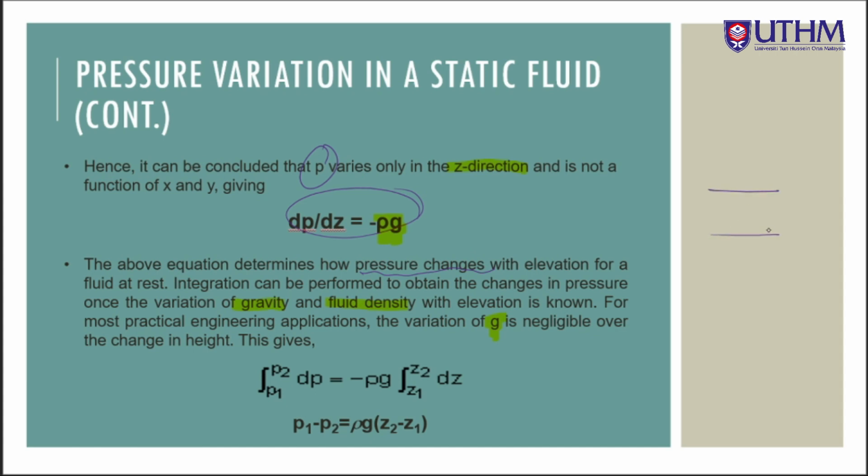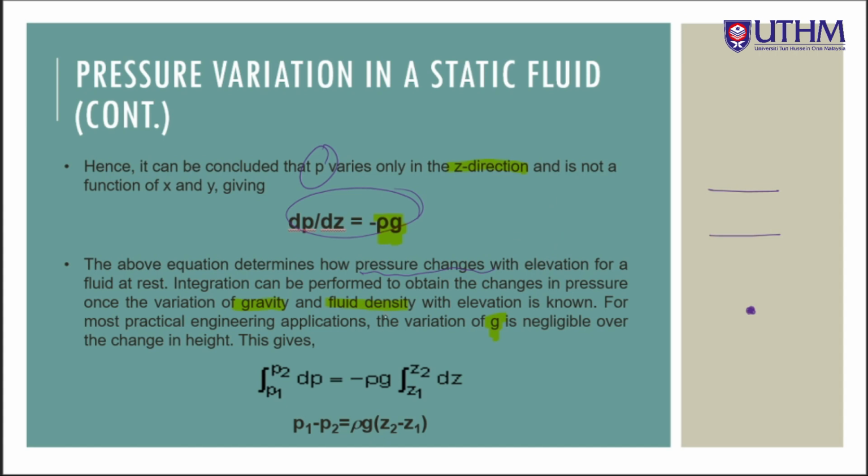G lagi kuat as the position lagi dekat dengan center of the earth, maksudnya lagi dalam, gravity lagi kuat. But sometimes perbezaan dia tak jauh beza, that is why g is sometimes considered negligible.